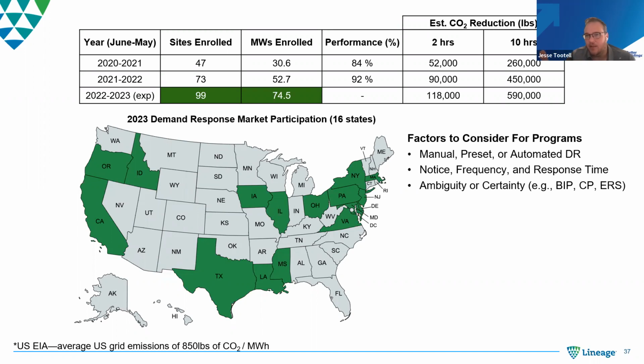Preset is the way we think about it. Some people refer to that as automated, but really that's just a protocol in your control system where they can press a button and then hit a preset schedule ramp down procedure in order to achieve demand response goals. And then automated. And automated to us means without having the manual intervention of someone at the site actually initiating the shutdown. That's something that I'll get into in a moment.